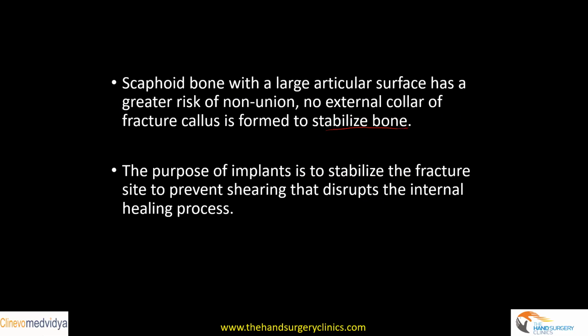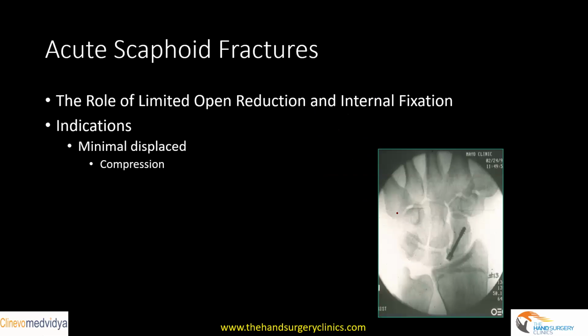The purpose of the implants that we use is to stabilize the fracture site to prevent shear forces that will disrupt the internal healing process. And that is the reason why we use these headless compression screws or K-wires at times to fix these fractures.